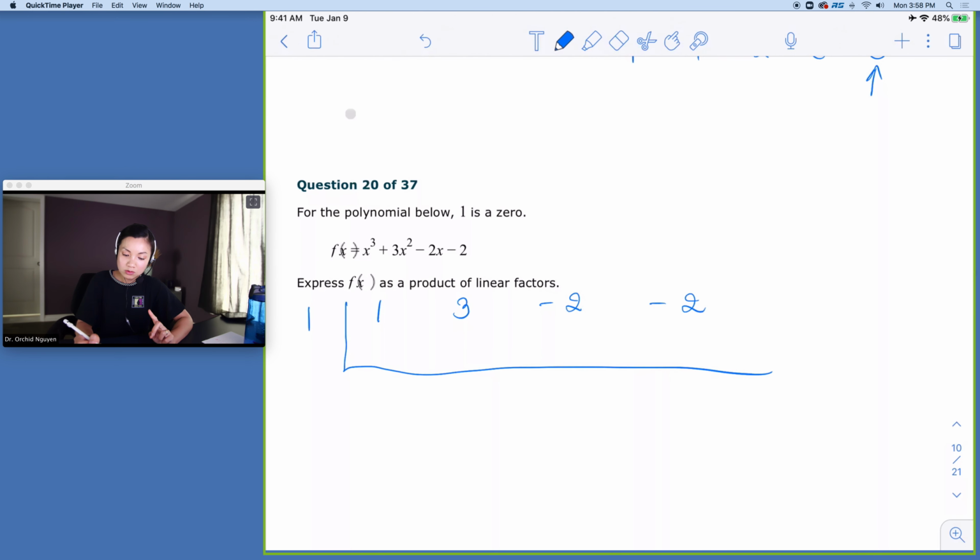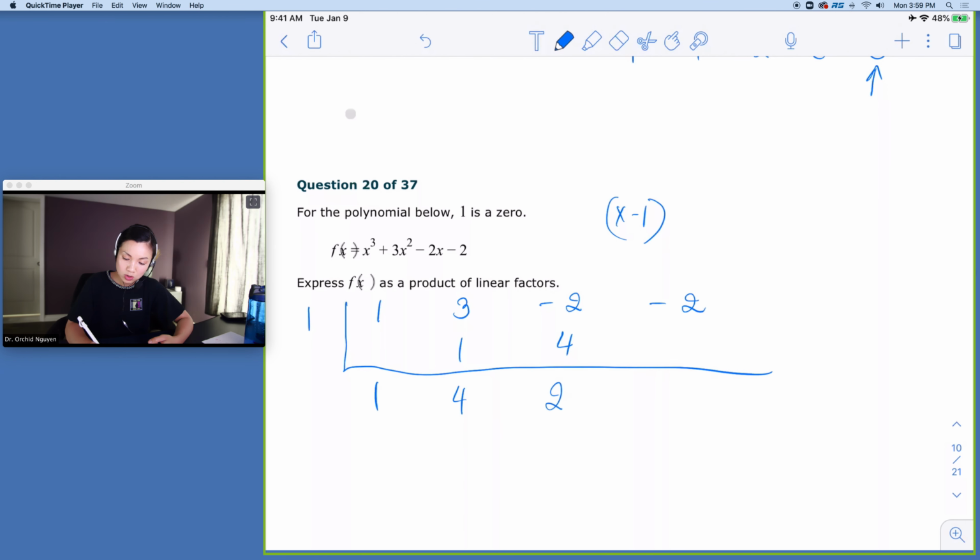Don't forget, because x minus 1 is a factor, when you perform the synthetic division, we better get 0 for the remainder. 1, 1. 3 plus 1 is 4. 1 times 4 is 4. Negative 2 plus 4 is 2. 1 times 2 is 2. Negative 2 plus 2 is 0.